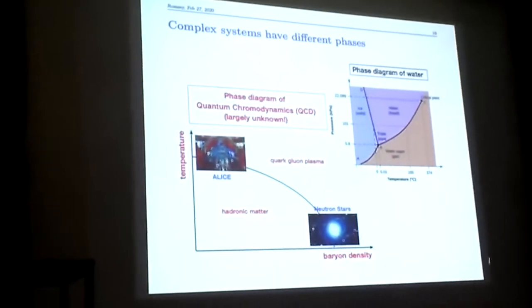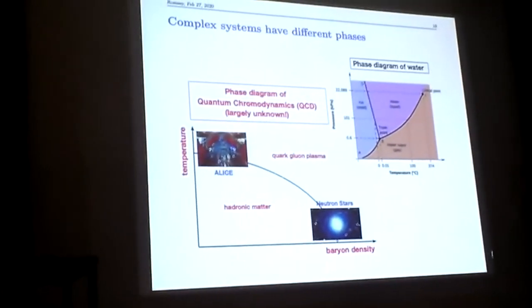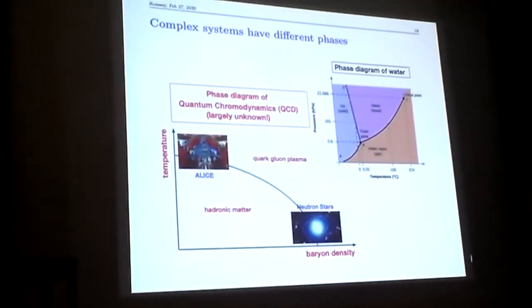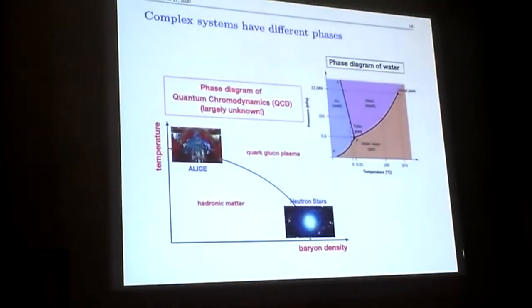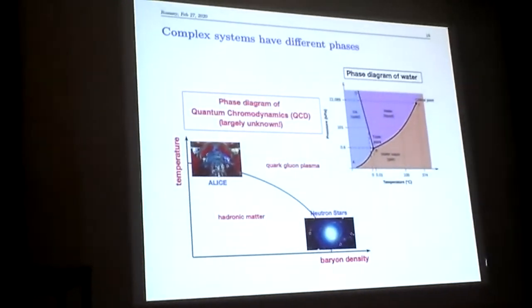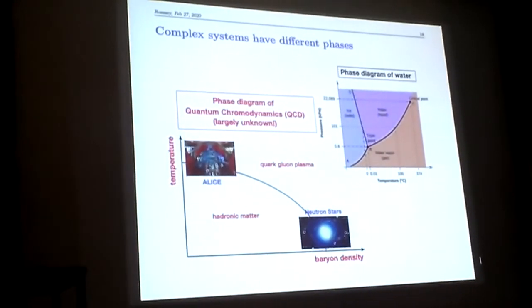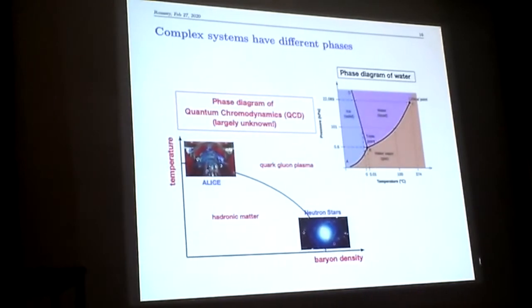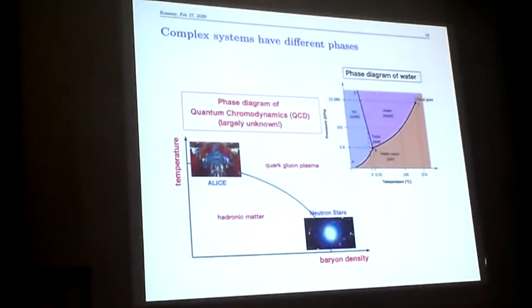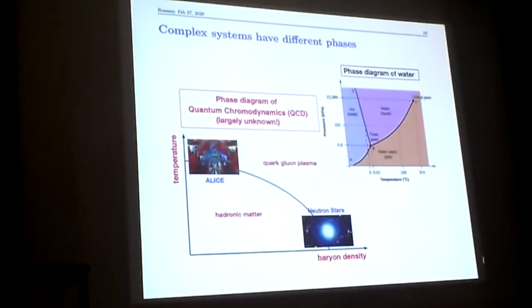And this whole thing that collects these phases is called a phase diagram, and these lines are called phase transitions. Okay, I go from ice to water to vapor. There can be interesting things like critical points where I can go around in a smooth way. So that's what a phase diagram does.